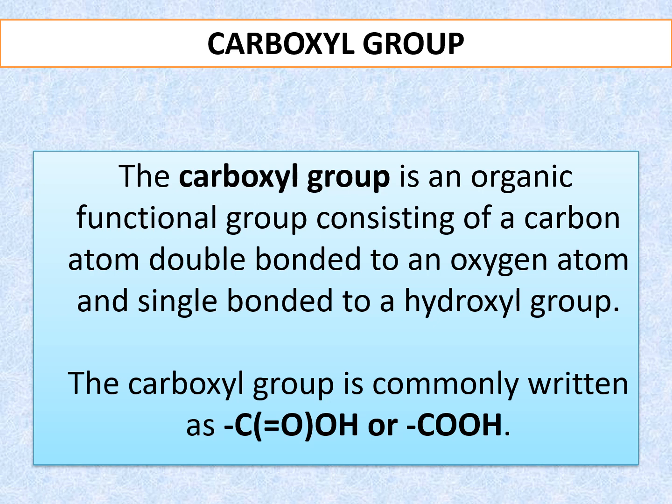Now let's have a short review on the functional groups, most specifically the functional groups that are a part of the amino acid structure. Let's have for the first one, the carboxyl group. This is an organic functional group consisting of a carbon atom which is double bonded to an oxygen atom and single bonded to a hydroxyl group.